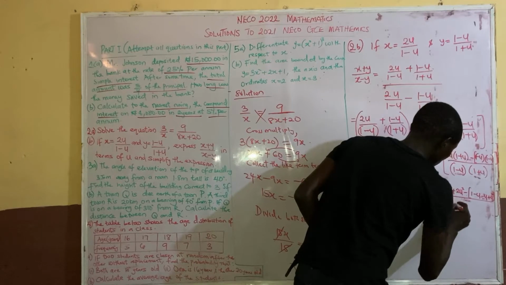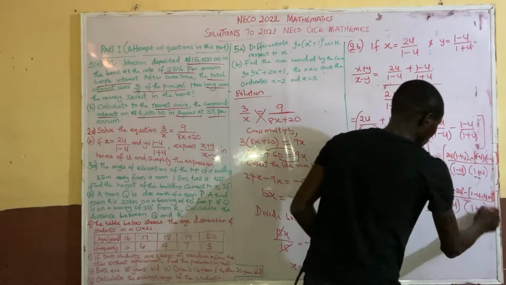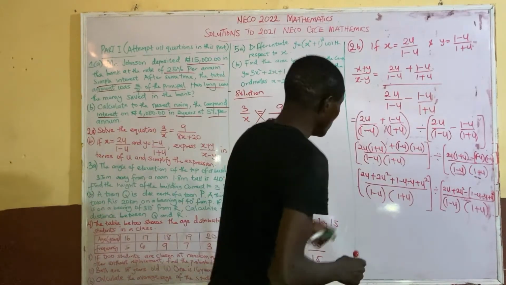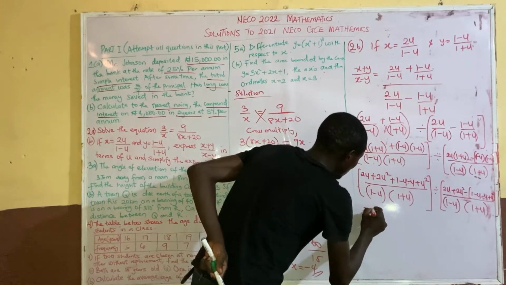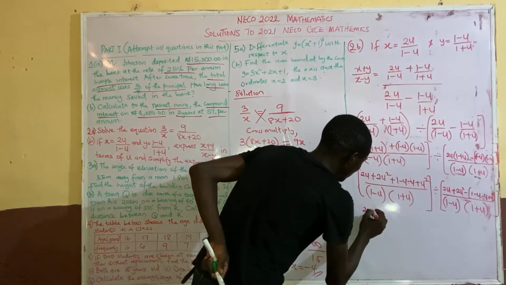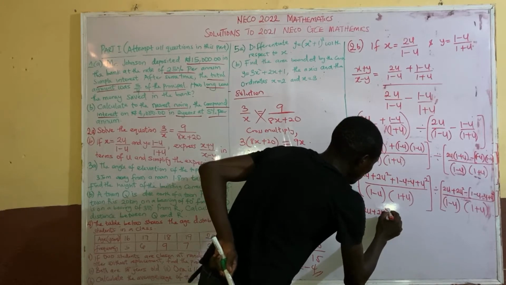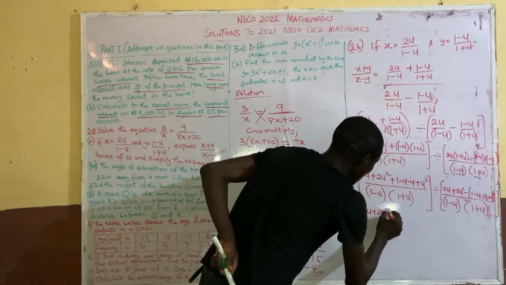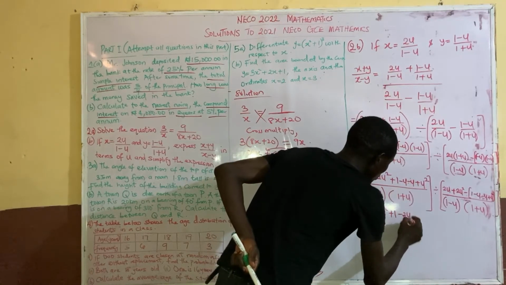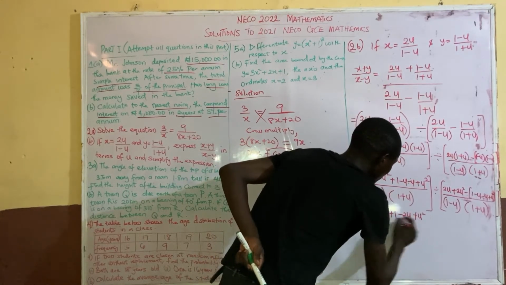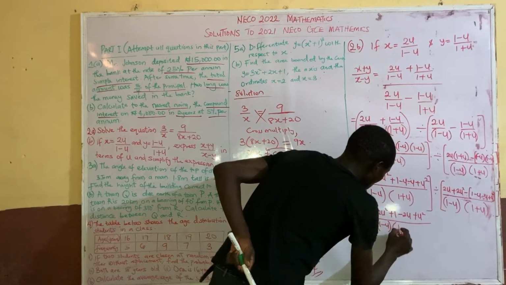We have 1 minus u, 1 plus u. So now you can add it together. I have 2u plus 2u squared plus 1 minus u minus 2u plus u squared all over 1 minus u, 1 plus u.